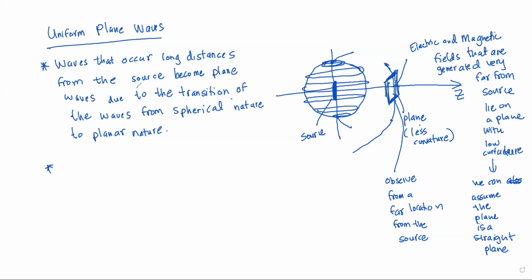But since the distance from the sun to the earth is very large, there are so many miles, by the time that the electromagnetic waves are approaching the earth, the waves are seen to move in a certain way that behave like the plane waves that we are going to talk about. So the waves are known to be planar waves.